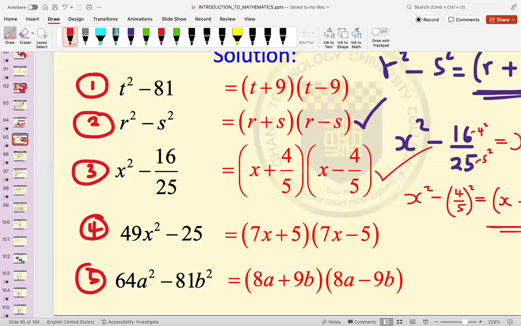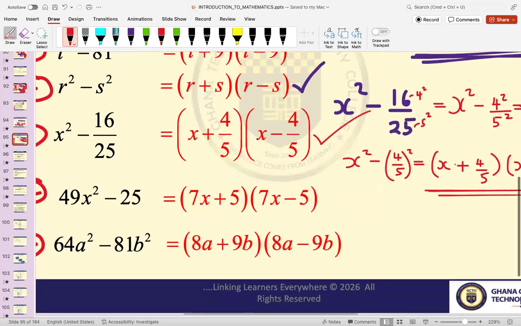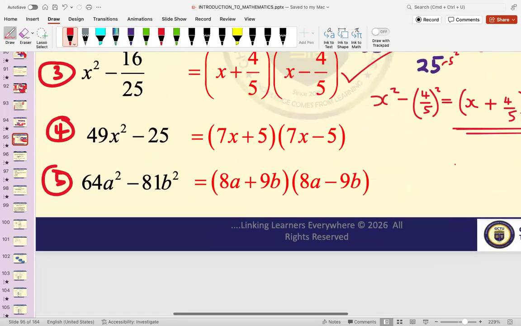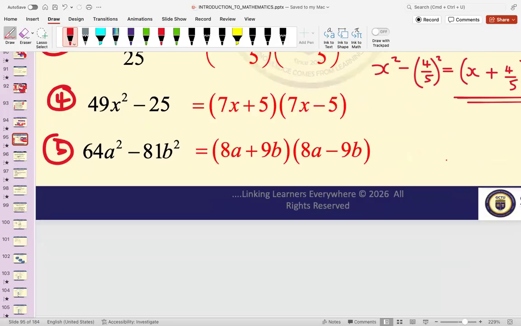The fourth one also follows the same principle. I'm just showing you the different forms, so you always know the technique to use. The fourth one, I'm seeing 49x squared minus 25.